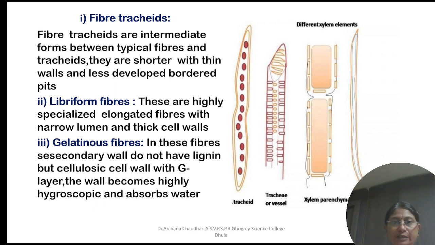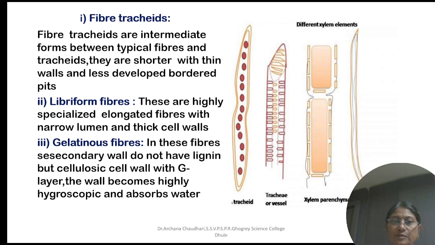The fiber tracheids. Fiber tracheids are intermediate forms between typical fibers and tracheids. They are shorter with thin walls and less developed bordered pits. Libriform fibers are highly specialized elongated fibers with narrow lumen and thick cell wall. While the gelatinous fibers have a secondary wall which does not have lignin but a cellulosic cell wall with a G layer, the gelatinous layer.